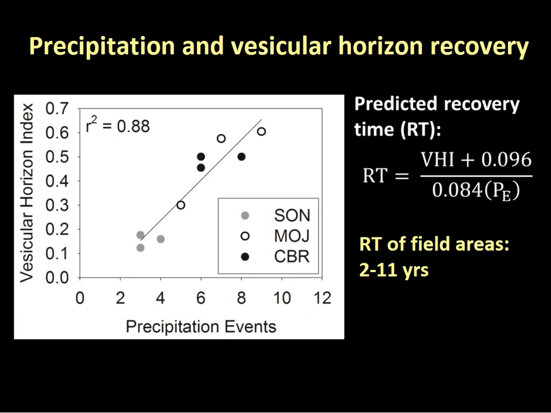This recovery time would generally be shorter in the Great Basin where we have more frequent precipitation, and a longer recovery time would be needed in the Sonoran Desert where you have very, very infrequent precipitation.